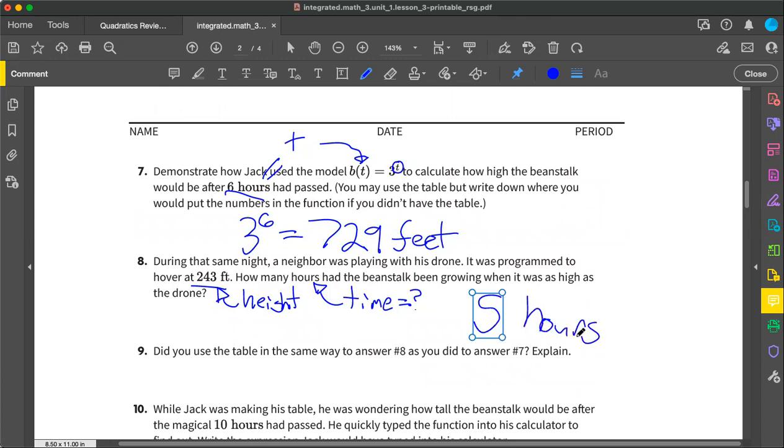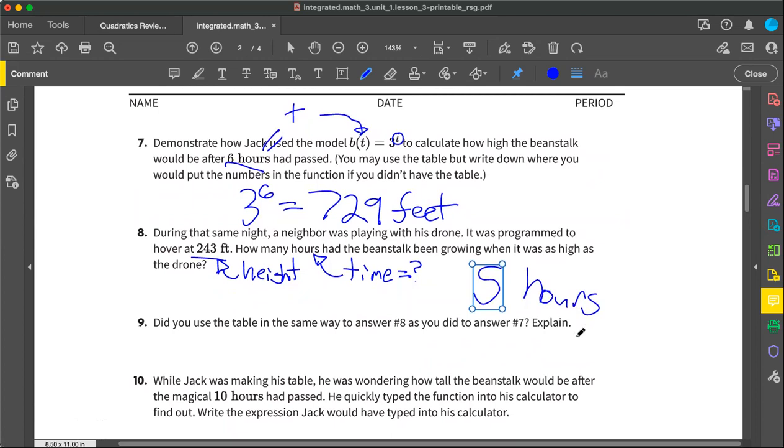Did you use the table in the same way to answer 8 as you did 7? Kind of. I mean, with 7, we found where t was 6, and with this, we found where the height, or B of t, was equal to 243.